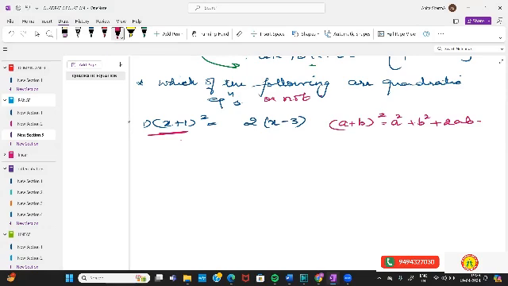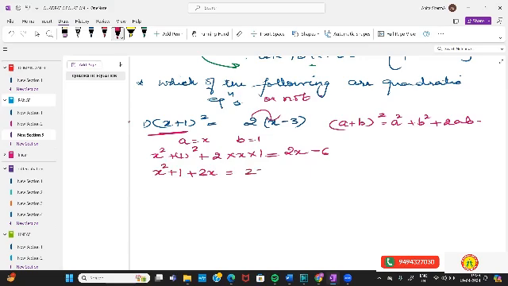So on comparing it, the value of a is x and the value of b is 1. So just put here a square plus b square plus 2ab, 2 into x into 1. Multiply this, 2 into x, 2x, 2 threes are 6. Now x square plus 1 plus 2x will be equal to 2x minus 6.